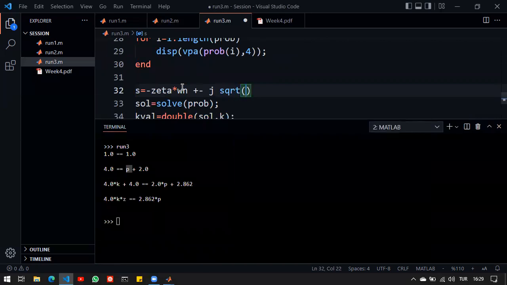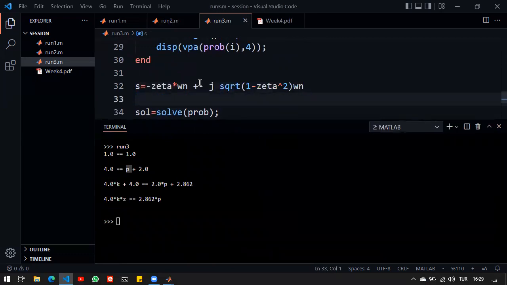Let's also write it down, square root of 1 minus zeta squared times omega n. This is the solution. And if zeta and omega n are both positive and real, then my solution will be in the left half plane in the s domain. So these are stable poles for real and positive values for zeta and omega n. Of course, they should be strictly positive.